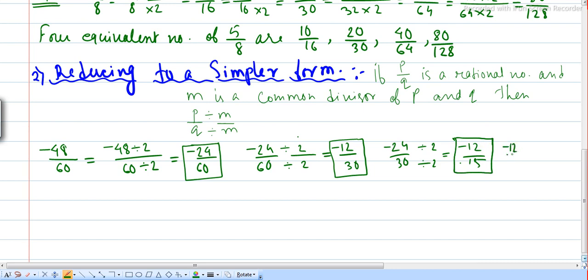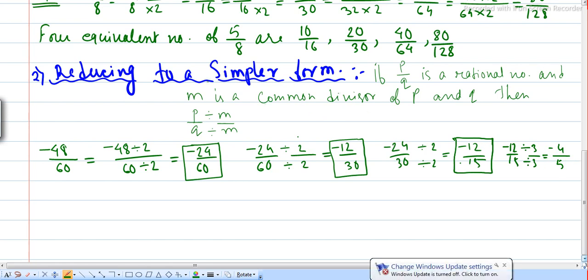So minus 12 by 15 is divided by 3, so it is minus 4 by 5. Now you see, minus 4 and 5 have no common divisor, so it is not further reducible.